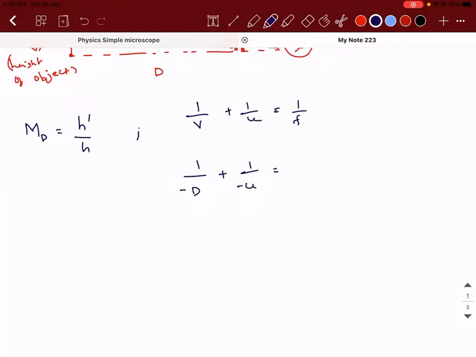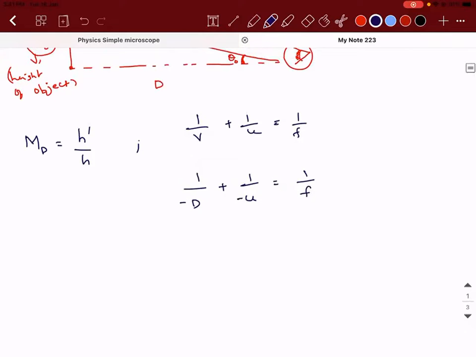It is at minus U is equal to 1 divided by F. We know that the focal length of a convex lens is positive, right? So 1 by D plus 1 by minus U is equal to 1 divided by F.